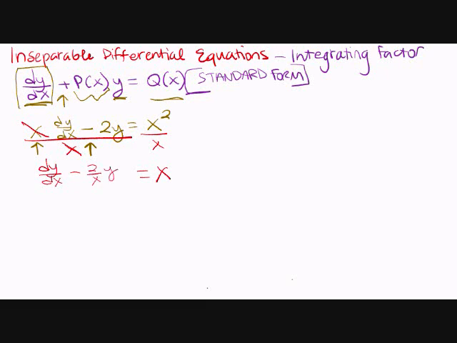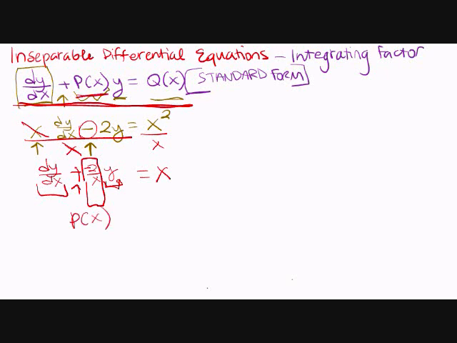Remember how I said the minus sign also concerned me, so let's go ahead and make that a plus and put the minus in there, just to make sure we don't screw anything up later. Now I want you to look back at the standard form that we had. We got it basically in standard form. We have the dy/dx, we have the plus sign, we have the y on the same side, and so this is our p of x.